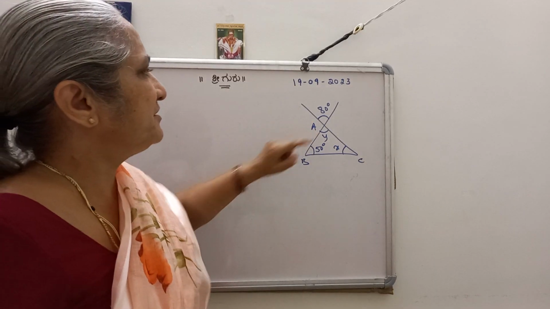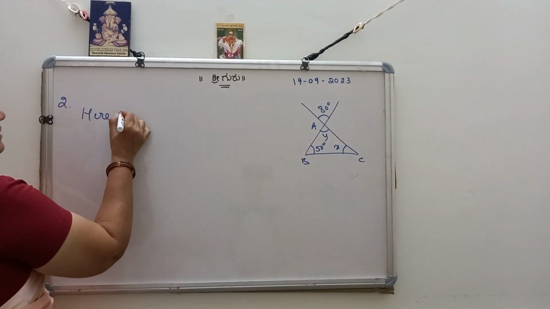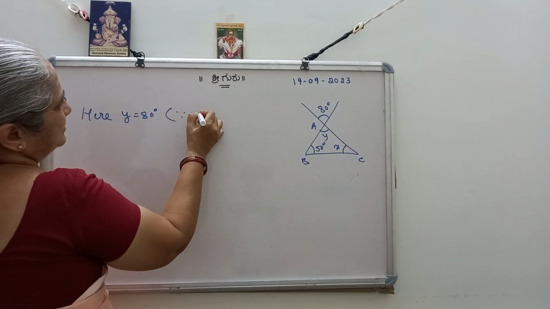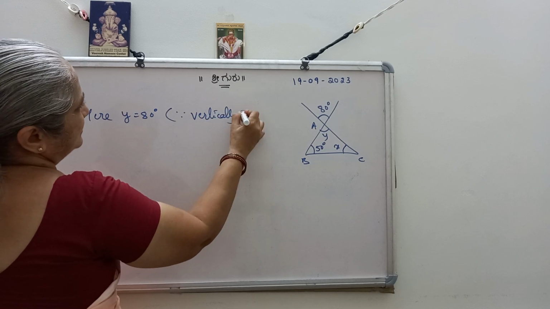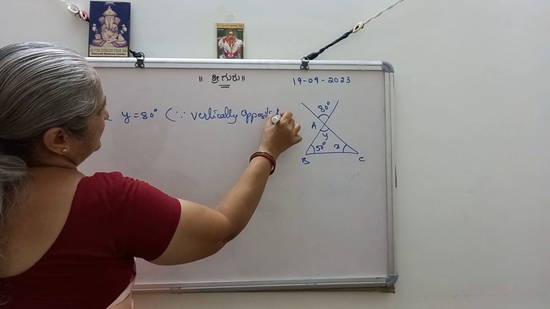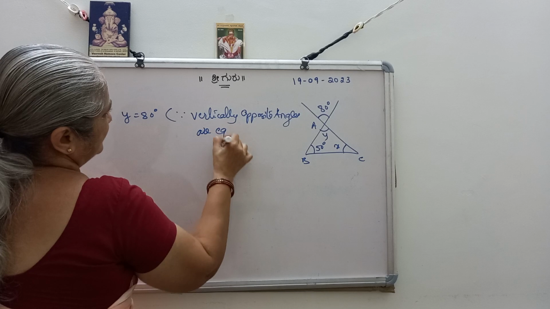Using that property, we find y. Here y is equal to 80 degrees because vertically opposite angles are equal.